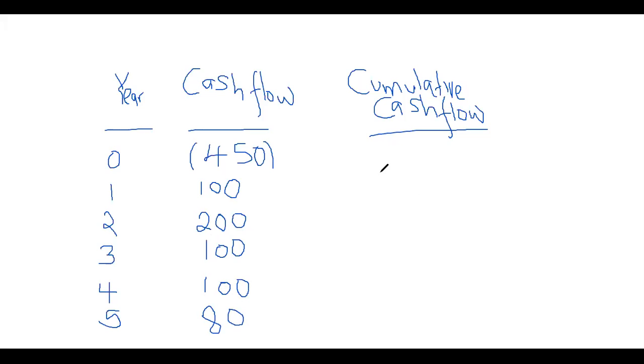So now you start putting in the cumulative cash flow. The reason is that you want to know at which point you are going to pay back. Year 0 is now, you have invested 450, so it will be negative 450 there.